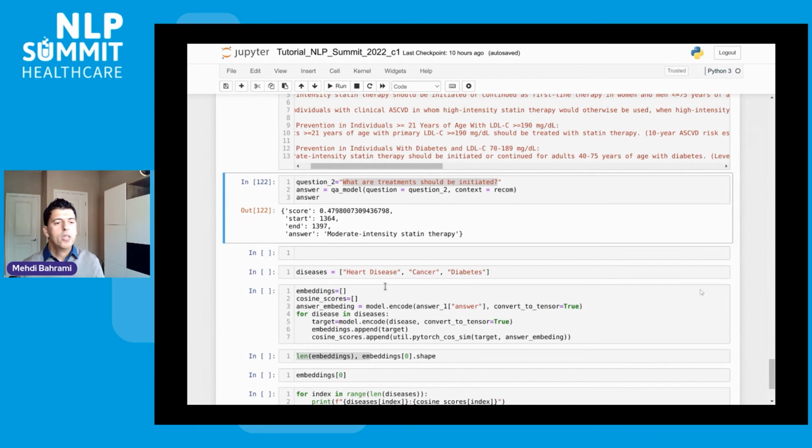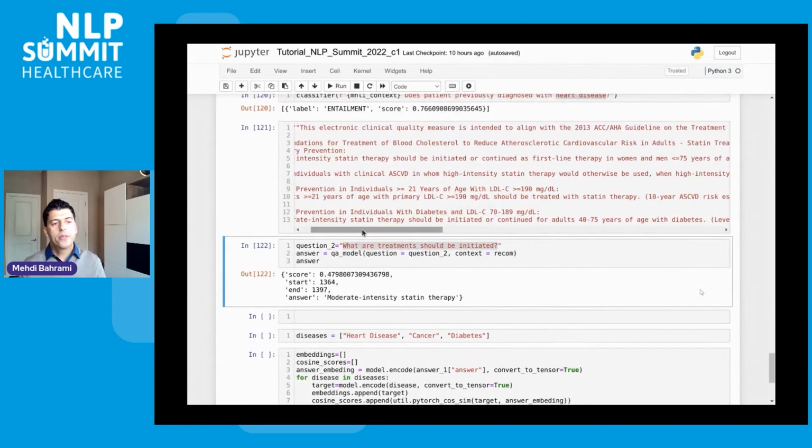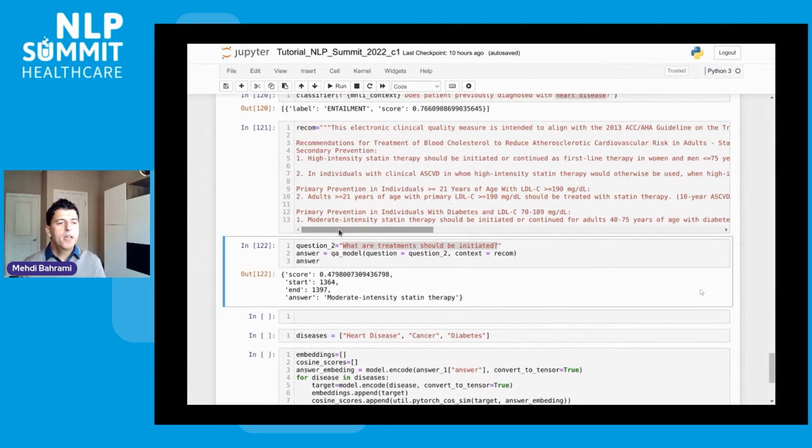It's general. So now we have the answer, the score, and the start and end location of the answer inside the text, where we could possibly find that context.